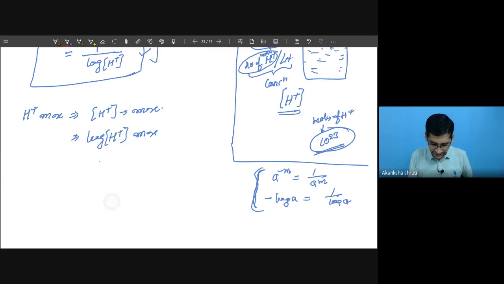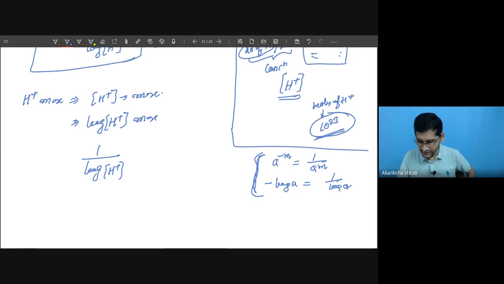But if I take the reciprocal, let us understand one more piece of mathematics. 4 is greater than 2, no doubt? But if I take 1 by 4, then which one is greater? 1 by 4 will be smaller than 1 by 2. Sure, sir, the sign gets reversed.